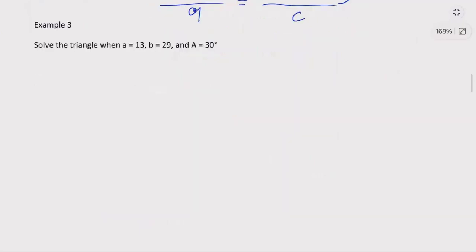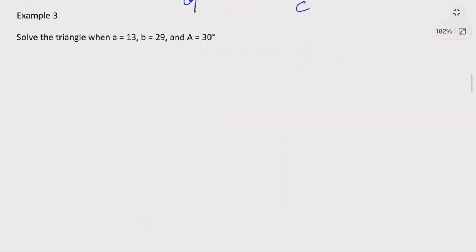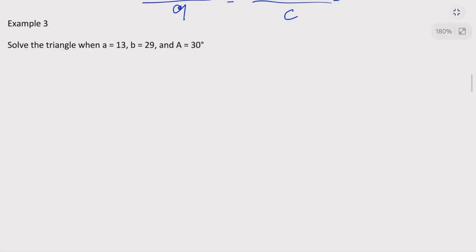All right, example 3: solve the triangle when a is 13, b is 29, and angle A is 30. So again, draw a picture just so you know where everything is.